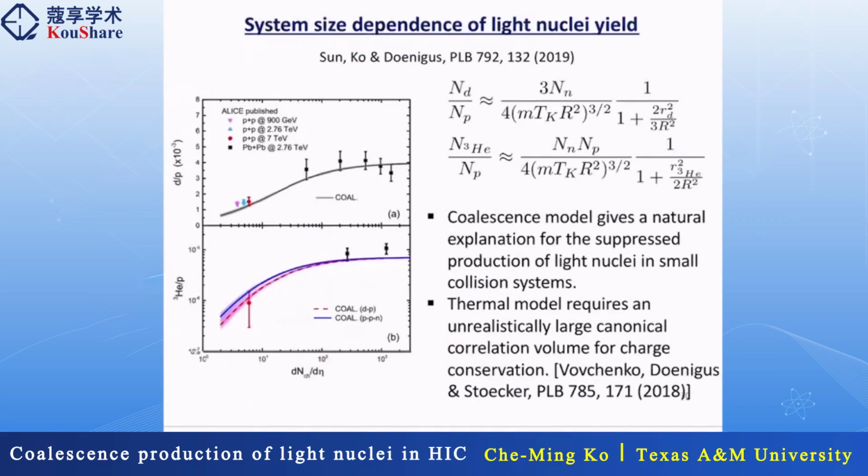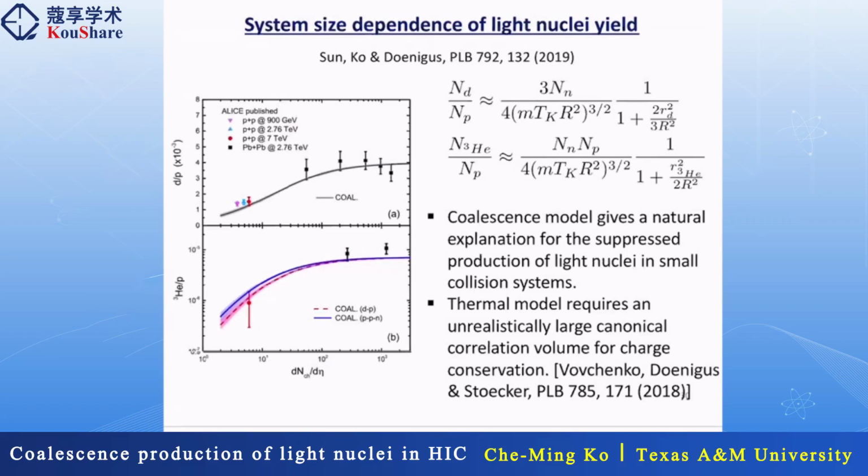Coalescence might give a natural explanation of the suppression of deuteron yield in a small system. Here is the centrality, that is the central collision. Then you go to the multiplicity, then to the very peripheral one, you have very few particles, a very small fireball. Then there's a suppression.